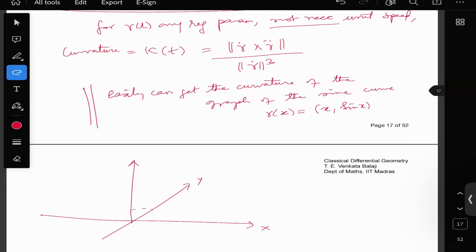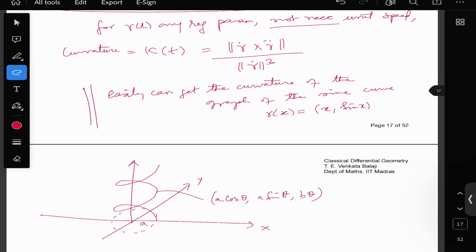Okay, and there is a base circle of radius, let us say, a. Okay, and your helix is winding like this. The parametric equation of the helix is given by a cos theta, a sin theta, b theta, where theta is a real variable.